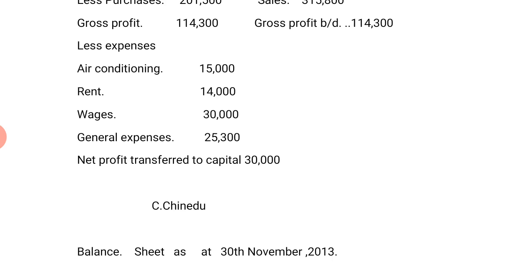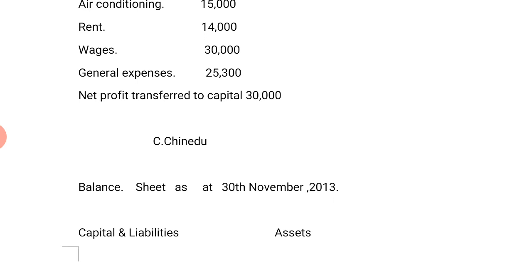So the gross profit will be taken to the other side to call it gross profit brought down. That's 114,300. So the next is to less the expenses. Our expenses are air conditioning 15,000, rent 14,000, wages 30,000, general expenses 25,300.